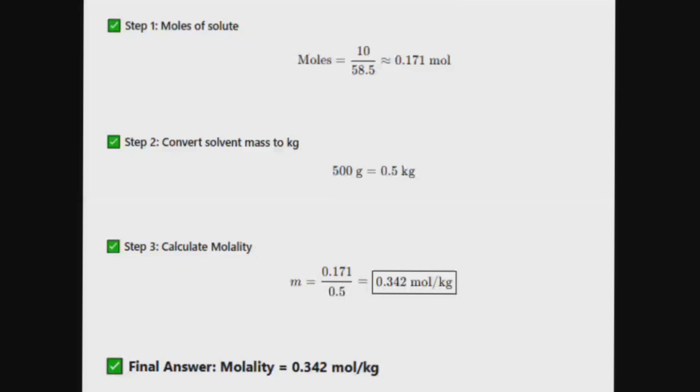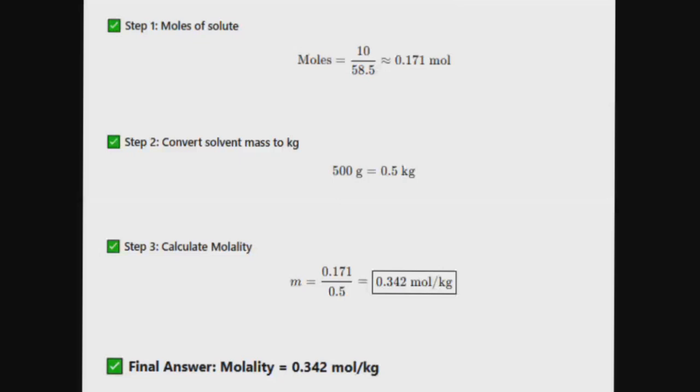From what you got in step 1, bring it down: 0.171 mole, divided by 0.5 kilogram of the solvent mass. When you divide, you get 0.342 mole per kilogram. Now your molality is 0.342 mole per kilogram.